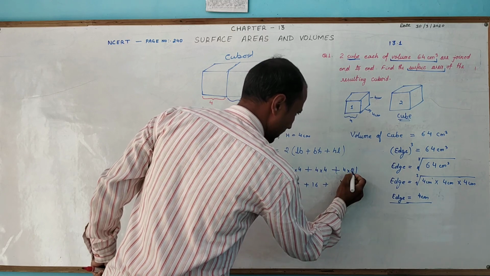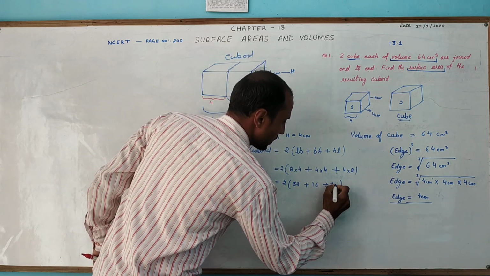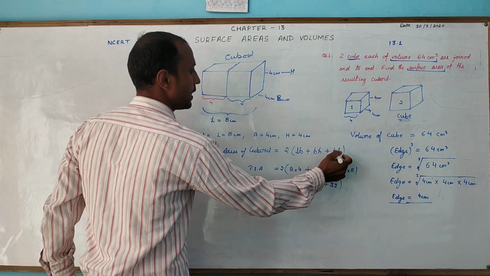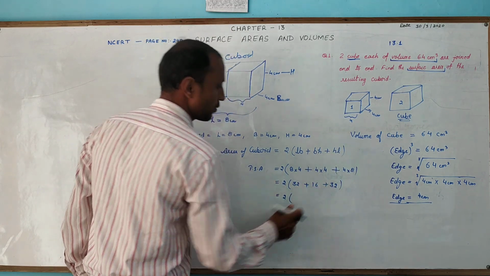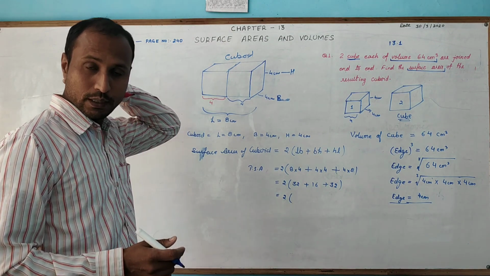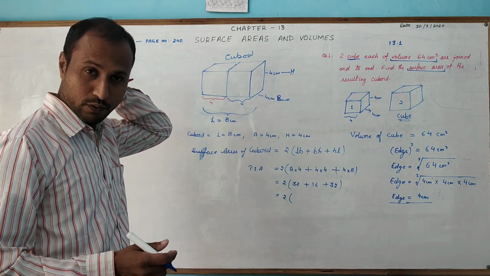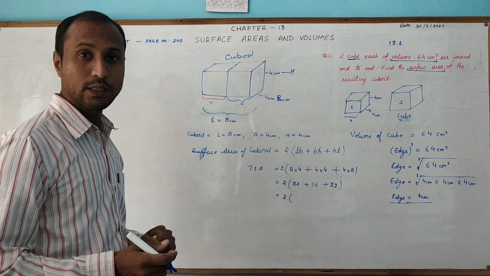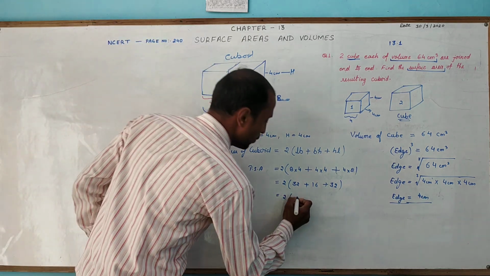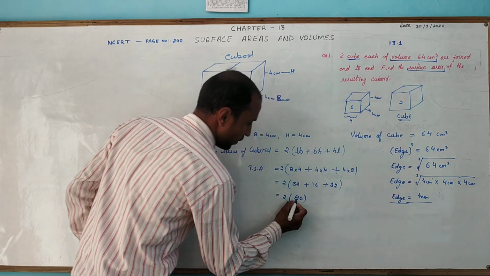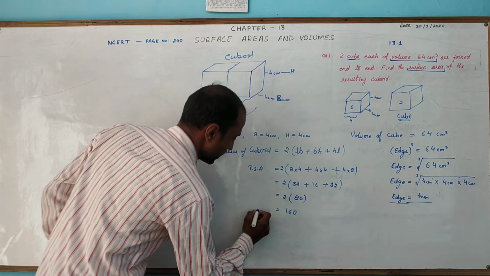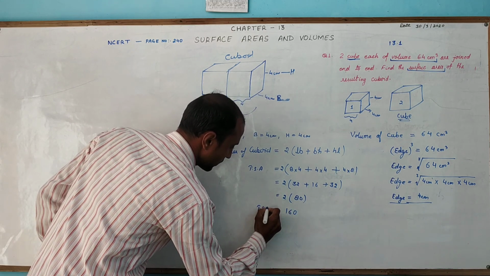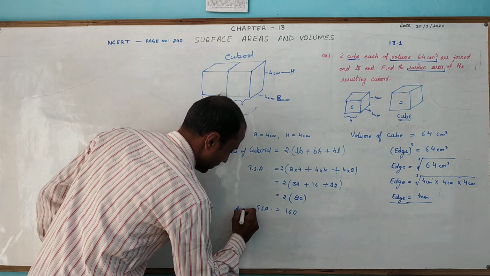So 8 4 times is equal to 32 because it is the length. Length is 8 centimeter. Now we will add these two. So 32 and 16 is 48, 48 plus 16 is 64, 64 plus 16 is 80. So it is 2 and 80. Now 8 2 times is equal to 16. 0 we will take it. So this is your total surface area and this is your answer.